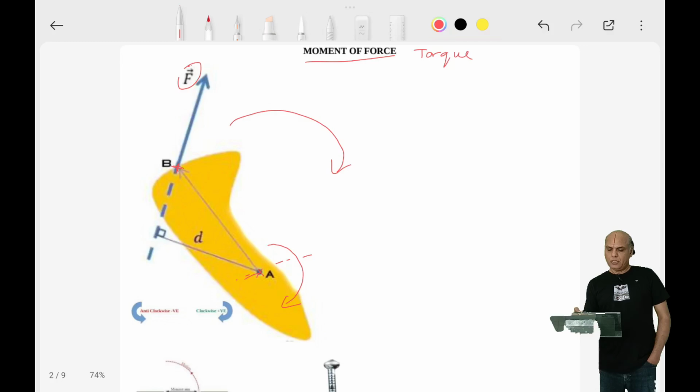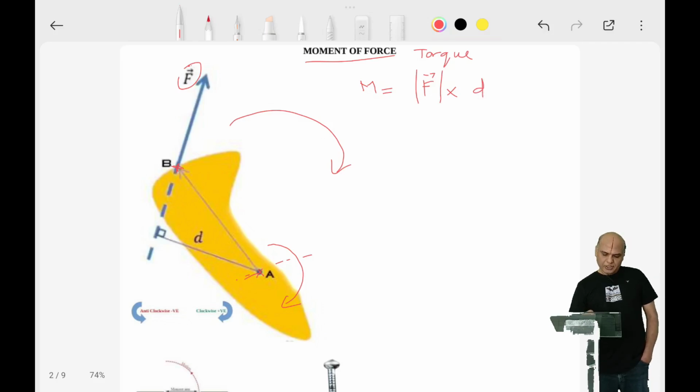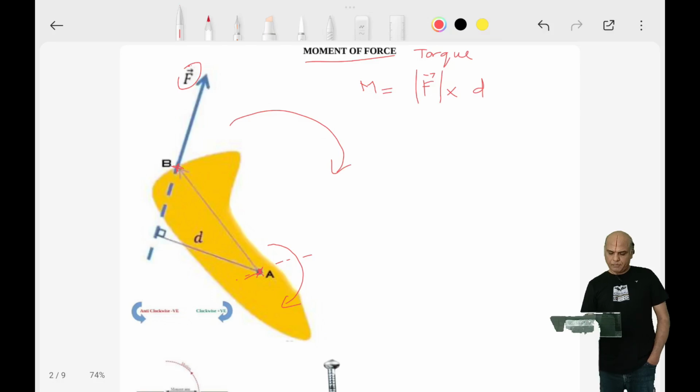Clear? This moment of force or torque is denoted by capital M, and it is obtained as the magnitude of the externally applied force into the perpendicular distance of the line of action of force from the axis of rotation. Here the axis of rotation is passing through point A. The line of action of force is this.